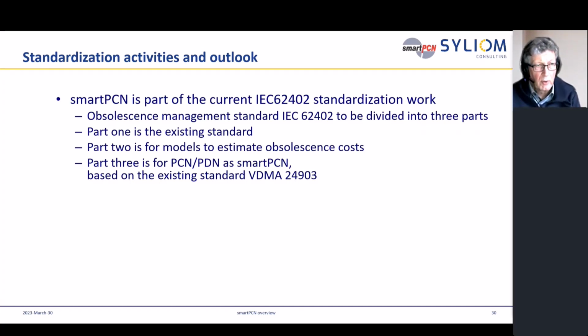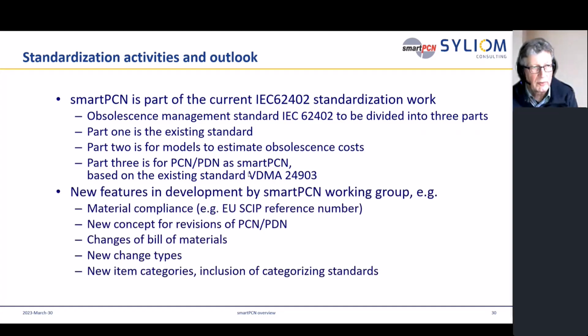Part 2 is for all the models to estimate obsolescence costs, and part 3 is for the PCN/PDN as smartPCN, and this is based already on the existing standard VDMA 24903, and this is the reason why we will be able to provide this in a much shorter time than the other ones, in particular part 2, because there's so much available and so much has been already in standardization in Germany. So it is an excellent base to carry on there.